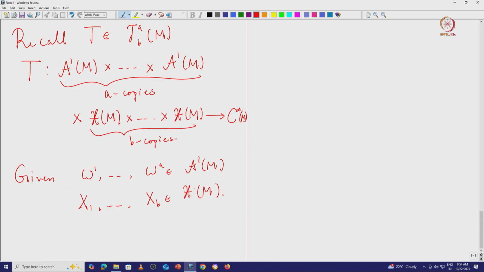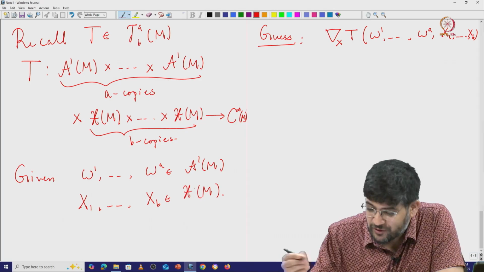Then again, in order to guess a definition for the action of this on all of these, I go back to a sort of Leibniz rule. I want to have some sort of a Leibniz rule.